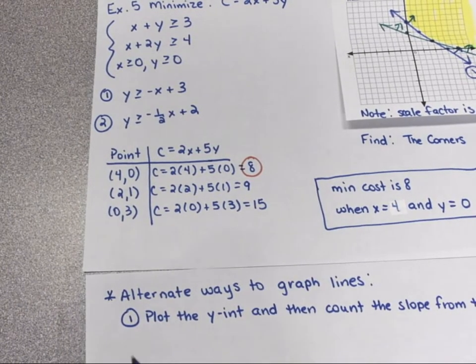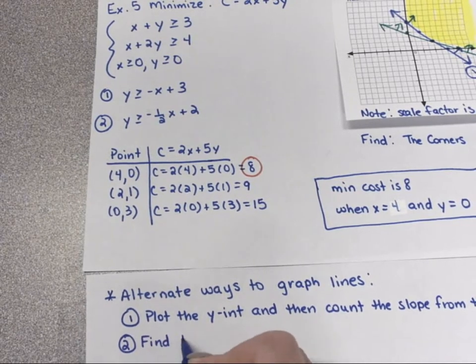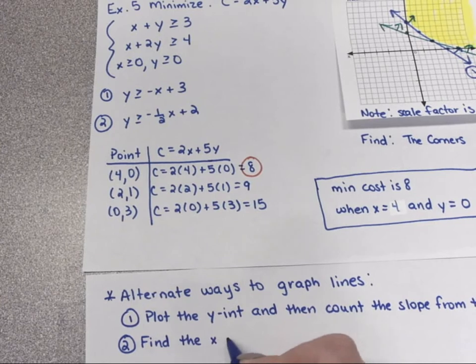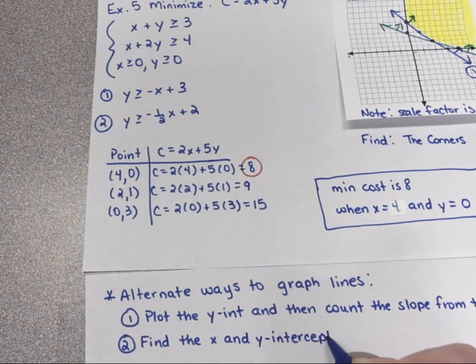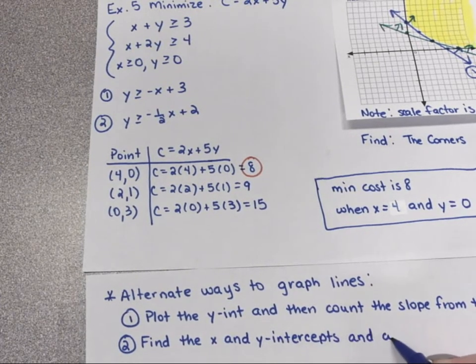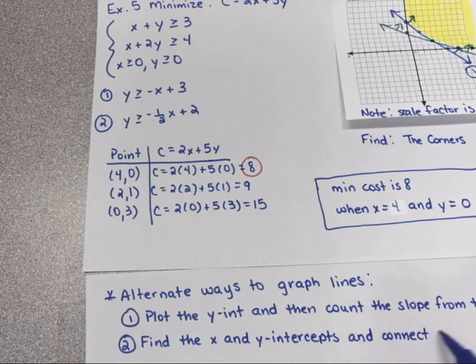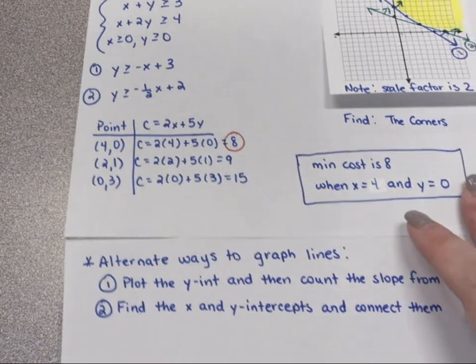But a second way is to find the X and Y intercepts, and connect them. So if you remember right, I know it's been quite a minute, but this is how I had you graph on the competency exam.